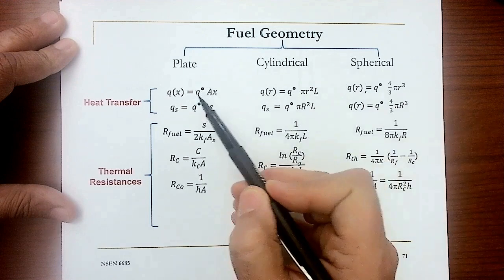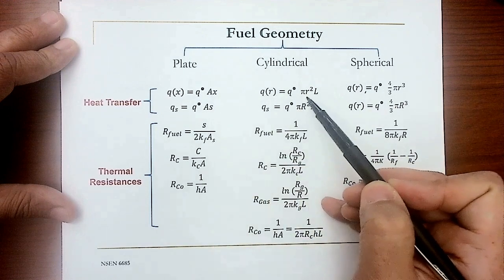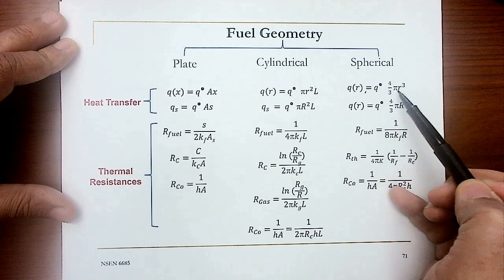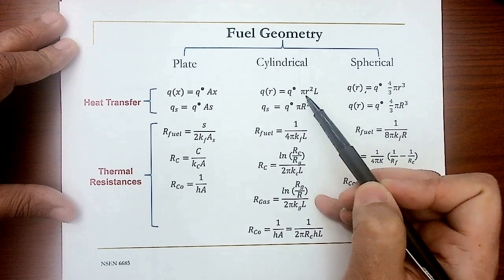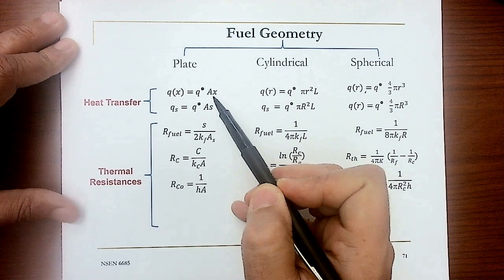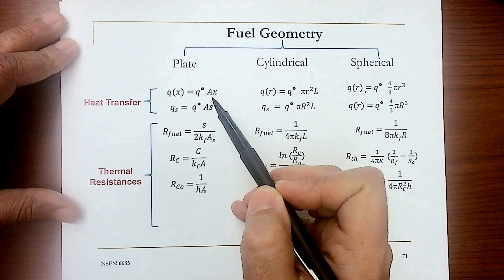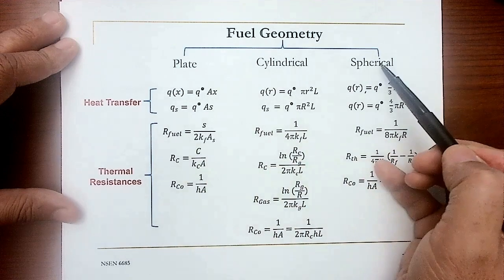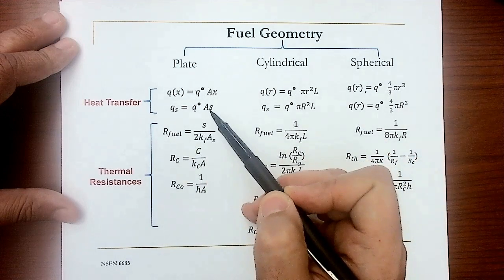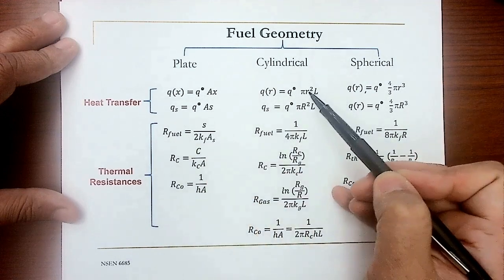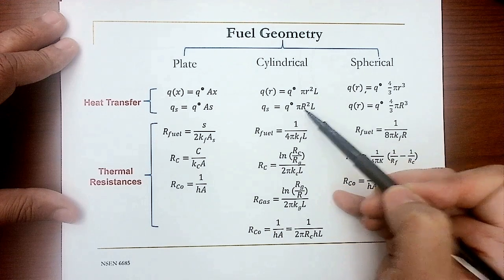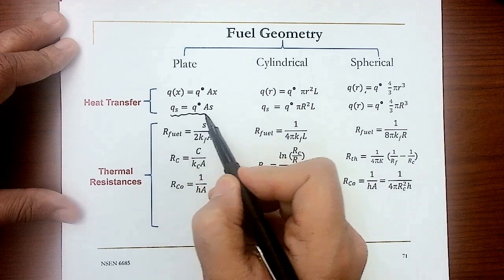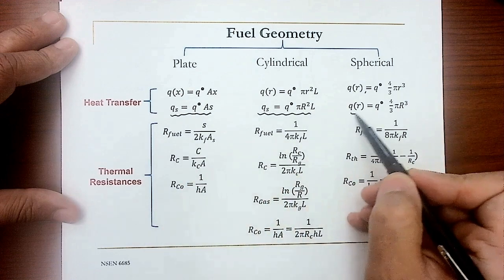So it's Q dot times A x, Q dot times pi r squared L, Q dot times 4/3 pi r cubed. r is a vector, r is a vector, x is a vector. Now, if we need to calculate how much will be dissipated from the outer surface of the plate, cylindrical or spherical shape, we put x equal half the thickness of the fuel, put r equal the radius of the cylinder, you put r as the radius of the sphere. So that's the quantity of Q that's going to go through the thermal resistances.